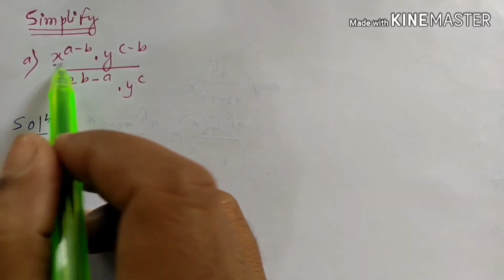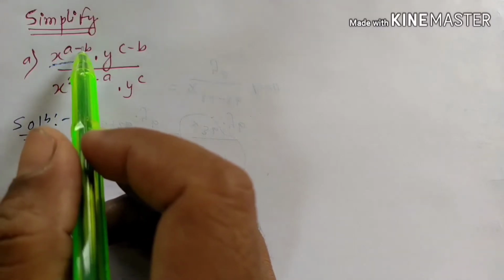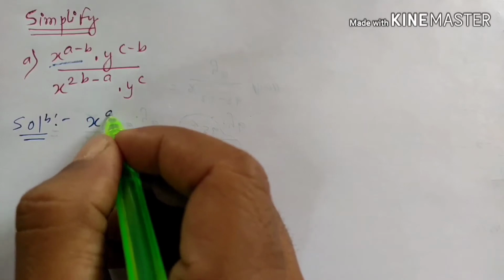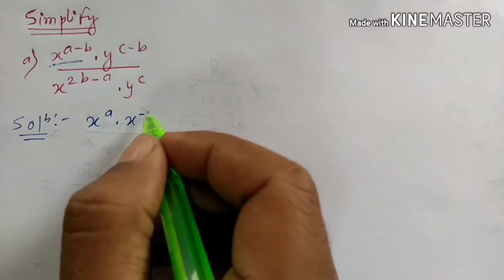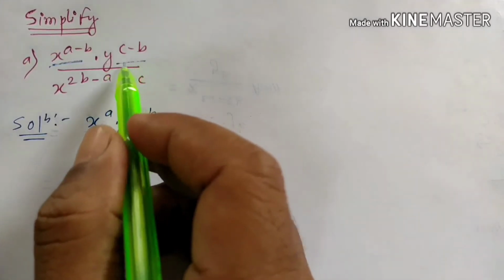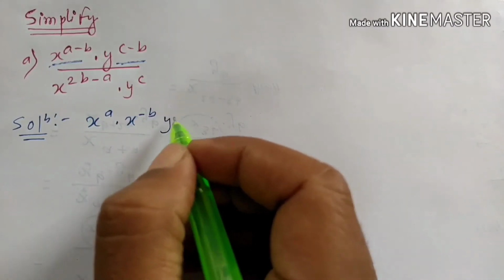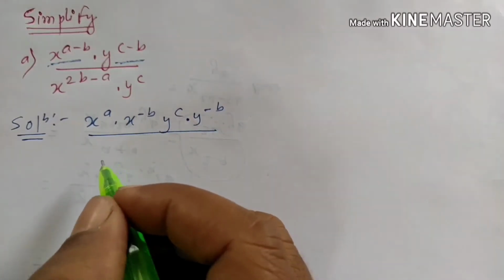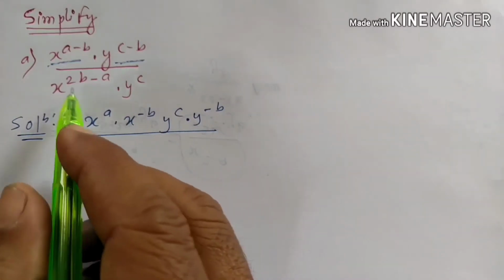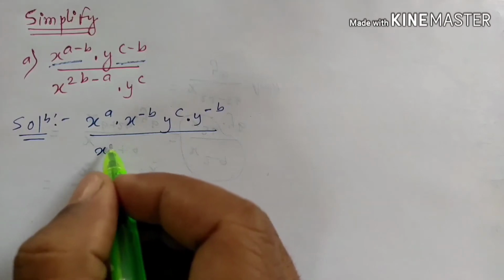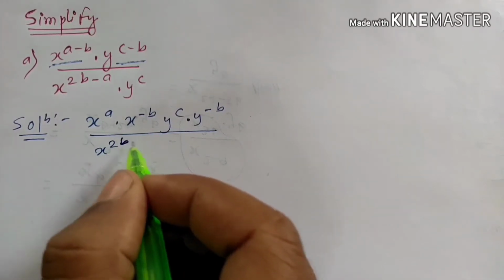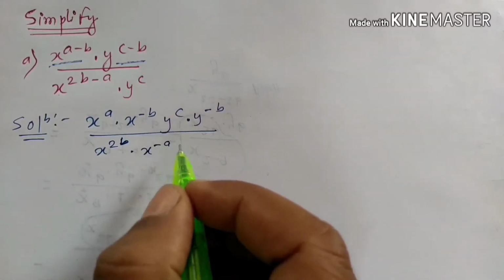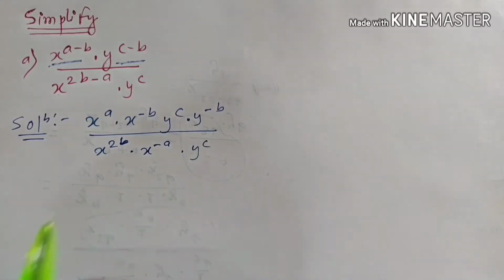Here you can see this term has power a minus b. This term can be written as x power a dot x power minus b, and this y power c minus b can be written as y power c dot y power minus b, over x power 2b dot x power minus a, and y power c.